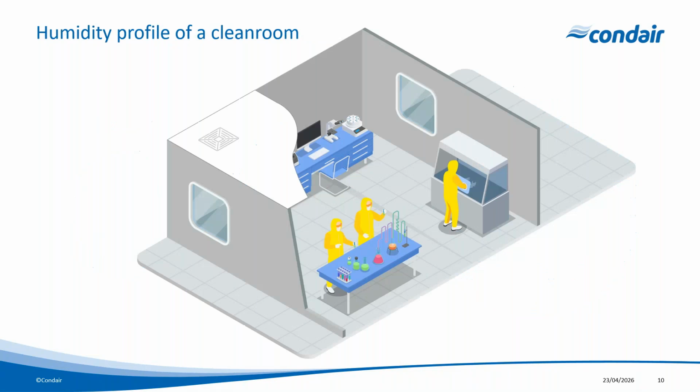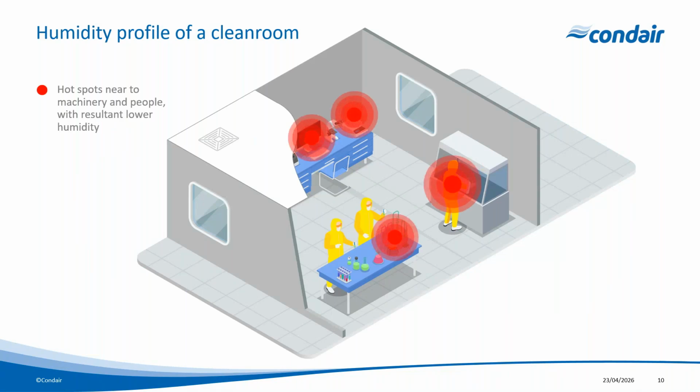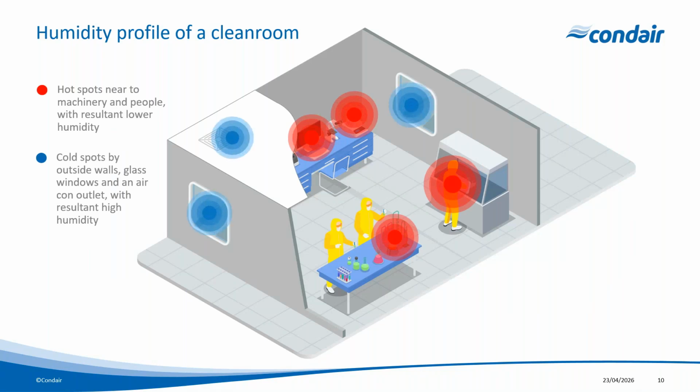So in the clean room, we could have hotspots in an area. We could have hotspots around machinery, could be hotspots around a person, could be around a PC. It could be around any source of sensible heat that's going to have an effect on the relative humidity of the air around that item or person. And we could also have cold spots.